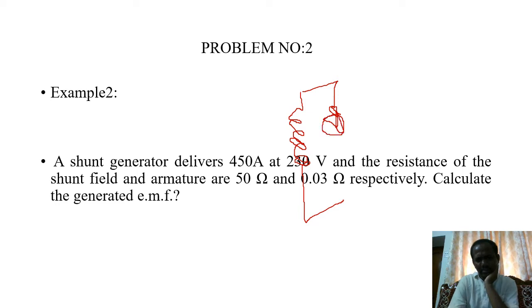This is the armature, and there is a load. The current passed from the armature is Ia.